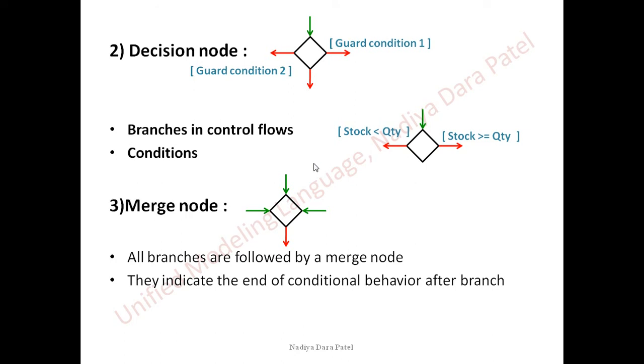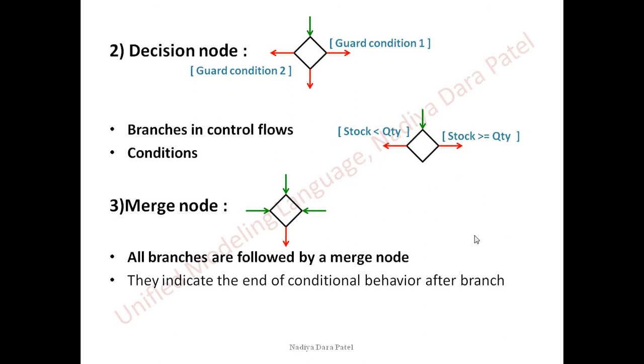Then what are these merge nodes? Merge nodes are where all branches are followed by the merge node. They indicate the end of conditional behavior after a branch. Soon after the conditions are over, there can be one condition, there can be many other conditions. When one condition is satisfied, you can add a merge.